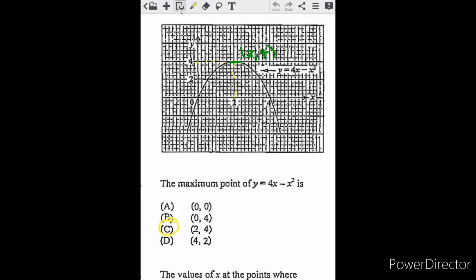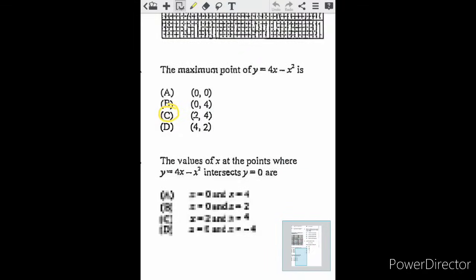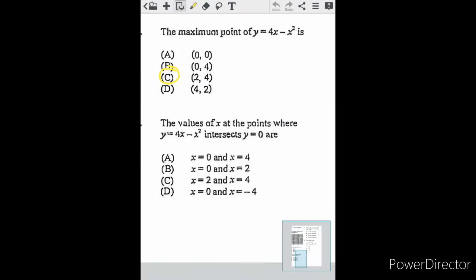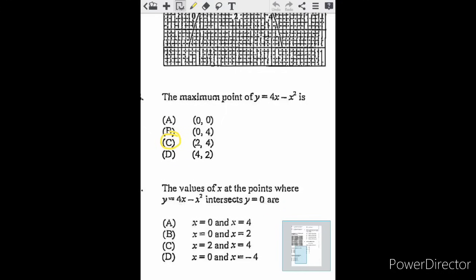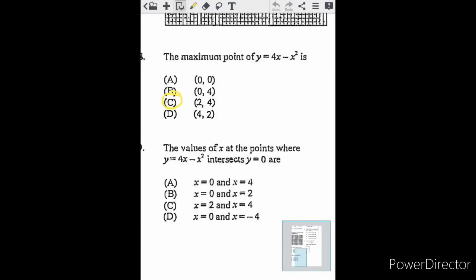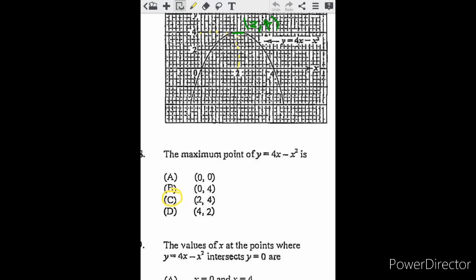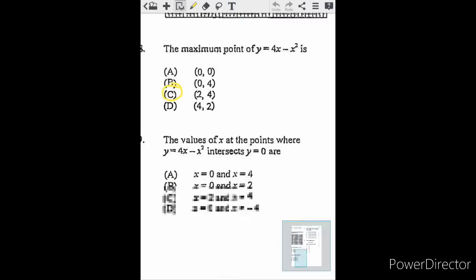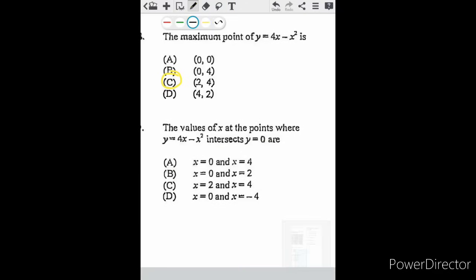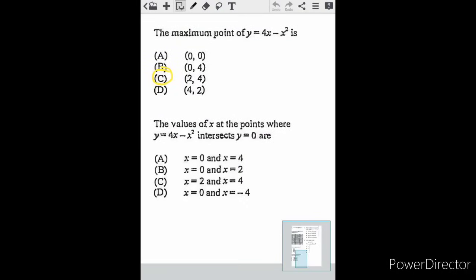Then our next question asks the values of x at the points where y is equal to 4x minus x squared intersects y is equal to 0 are.